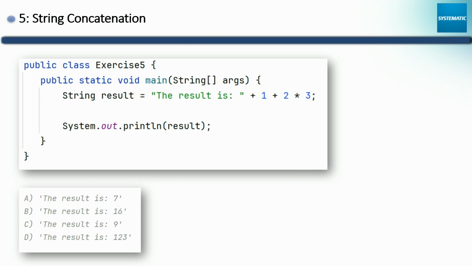Among the answers, the string "the result is" is always the same for all 4 options. But the number that is being displayed on the right side is the important one. So we will get either 7, 16, 9, or 123. Let's see what you think. It's time for you to select one of these.